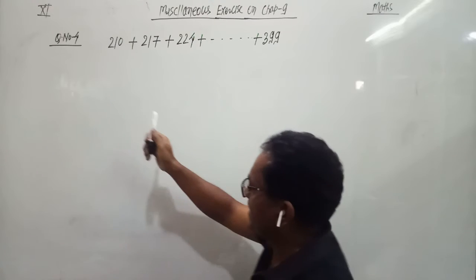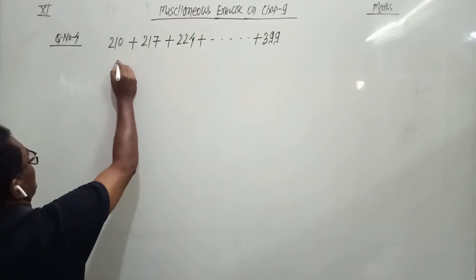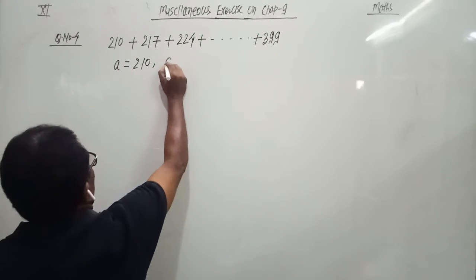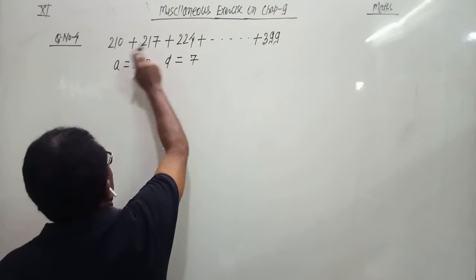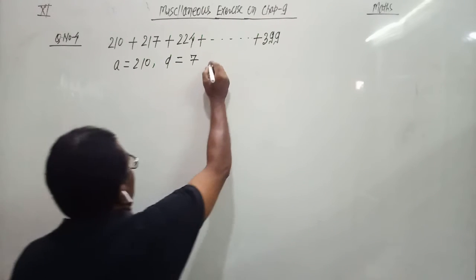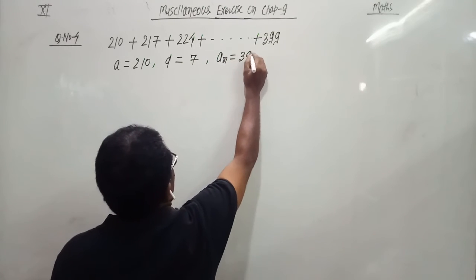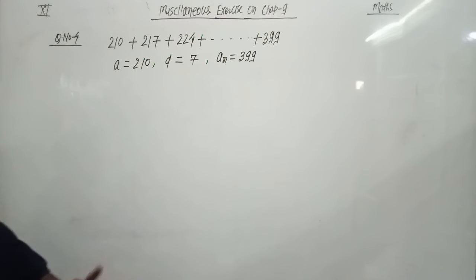And we have to find the sum of these numbers. So the first number a is 210, common difference d is 7, 217 minus 210, and the last term an is 399. So first we find the value of n, the number of terms.